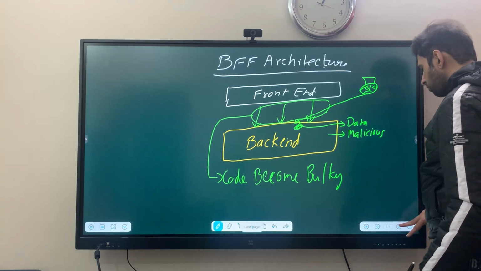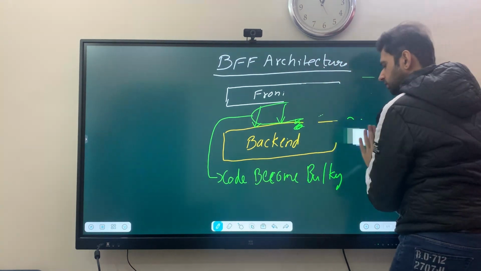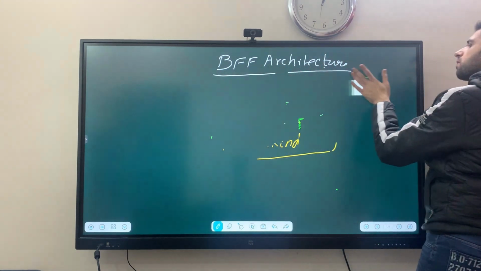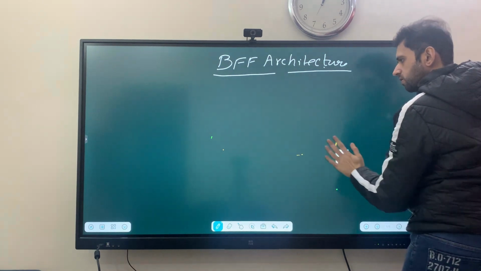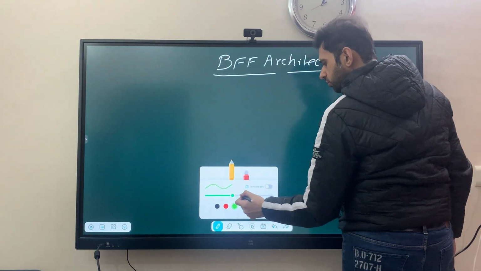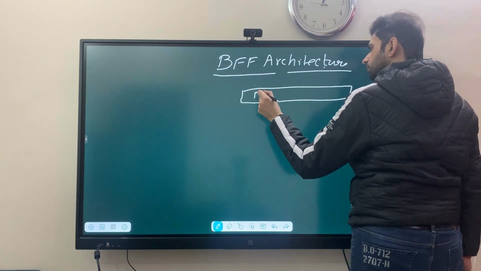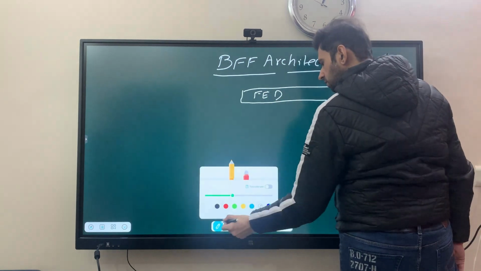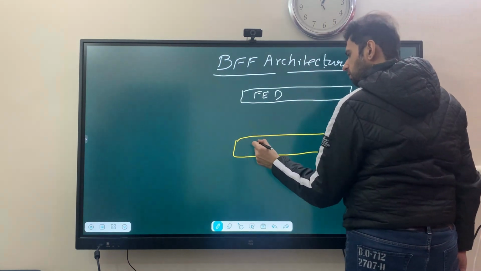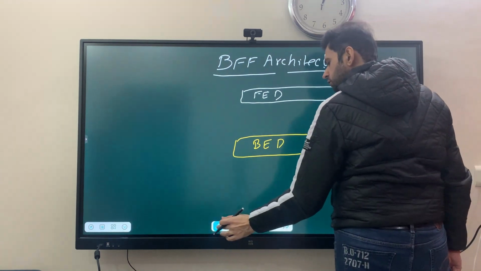Okay, so basically what BFF architecture means, we have our front end, then we have our back end, and in between we introduce a new medium.